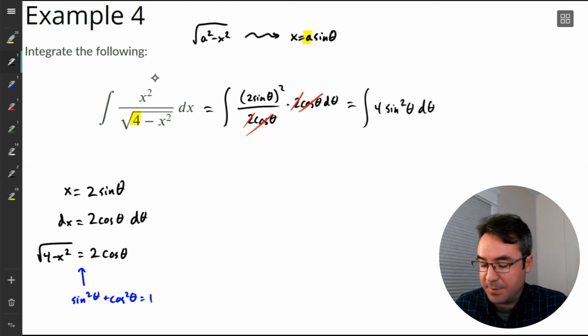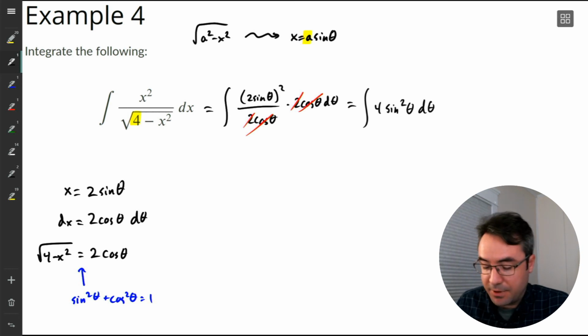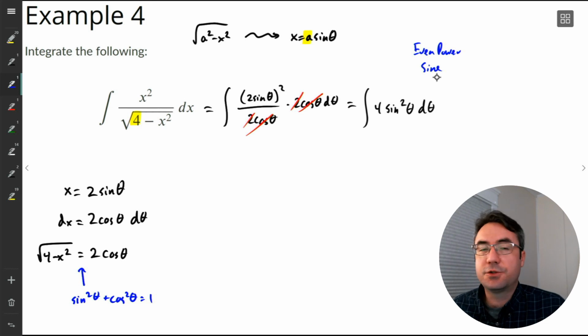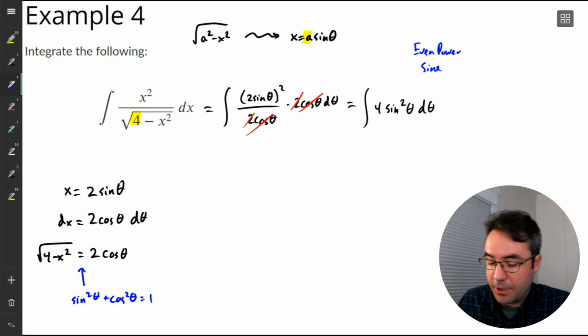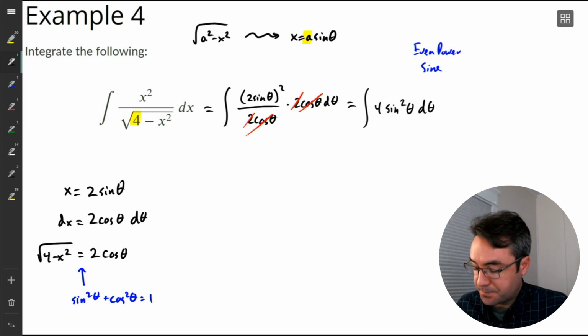So we went from this complicated function with a square root. Now we have this trig integral to do, just a power of sine. And it's an even power of sine. So we need to use our trig identity, and the trig identity we're going to use is one of our half angle formulas.